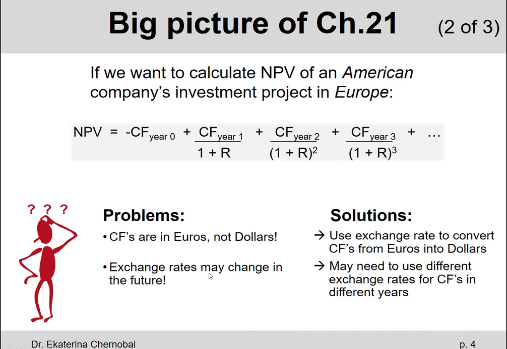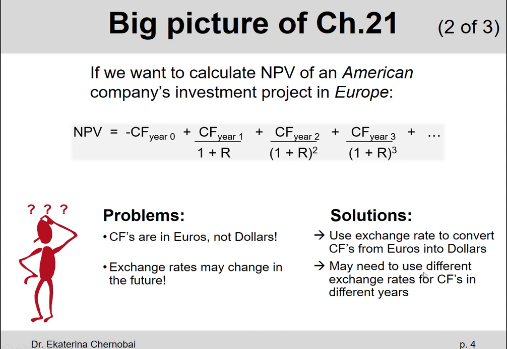So the solution to that is we need to use the exchange rate that's correct for that year in the future. So we may need to use different exchange rates for cash flows in different years of our overseas project. And we're going to learn in this chapter the formulas that give us the best estimate for future exchange rates.